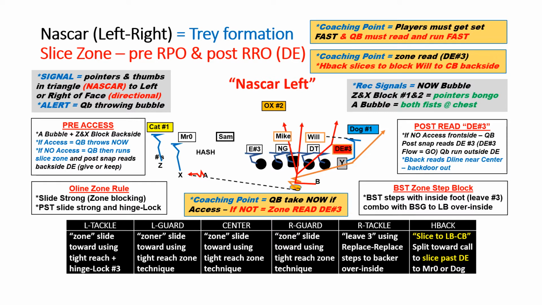What we're automatically going to do then is we have a built-in pre-RPO with the bubble. So if we have leverage on the A receiver versus the defense, the quarterback is automatically going to throw the bubble.